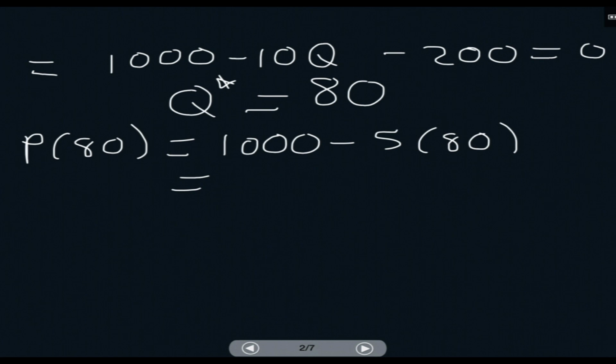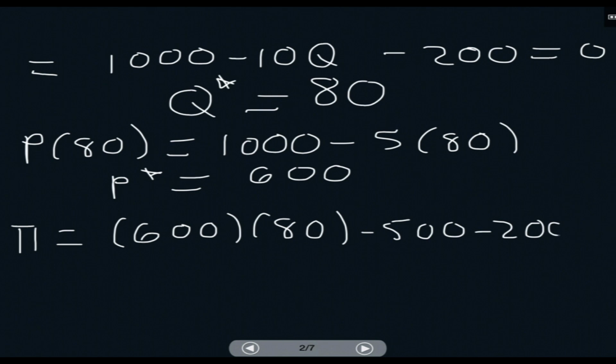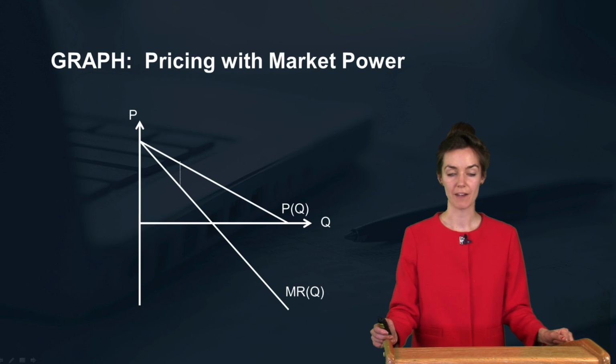And this gives us 600. So now with both my price and my quantity, I can solve for what profit actually is. So this is going to be my price times quantity minus the cost at that quantity. And this works out to be 31,500.